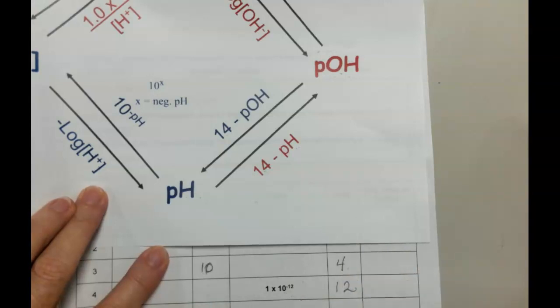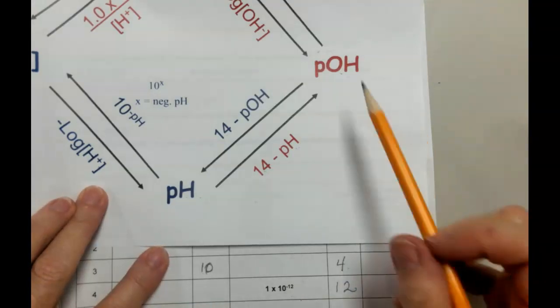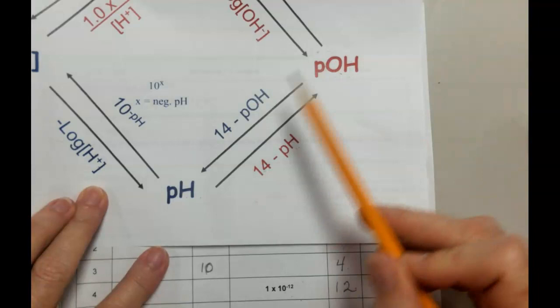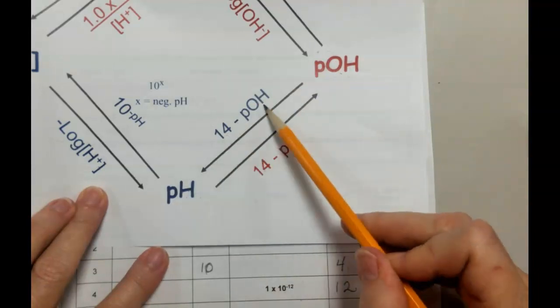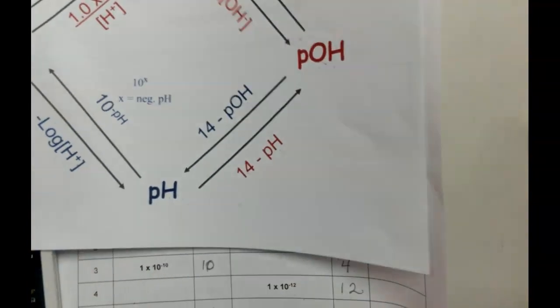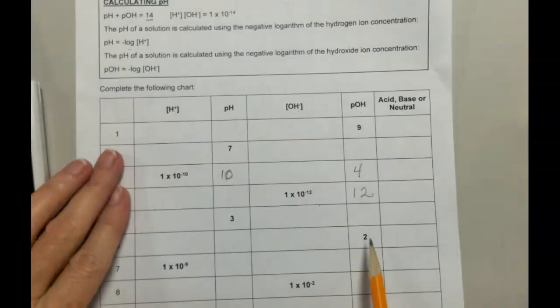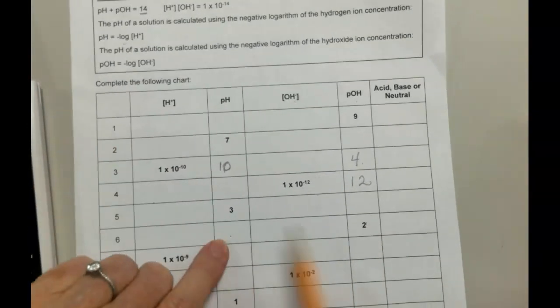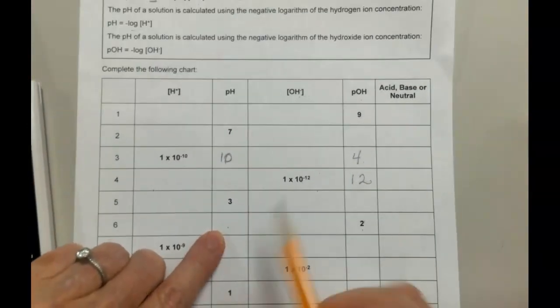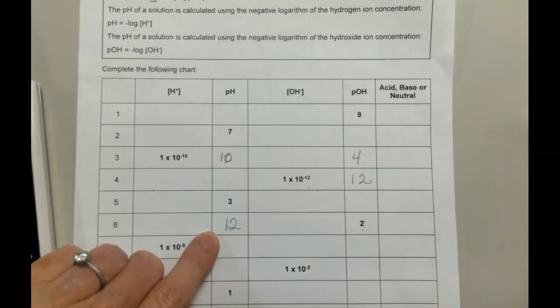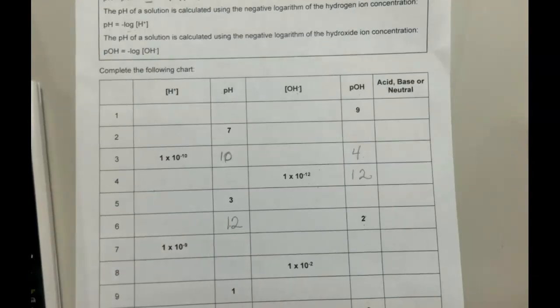That is 4, right? What if I know the pOH and I want to know pH? 14 minus pOH. So let's look at another one. I know the pOH. I want pH. So I go 14 minus 2 is what? 12. All right. So everything's based on the number 14.